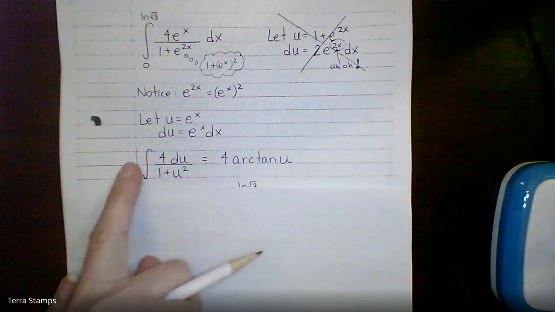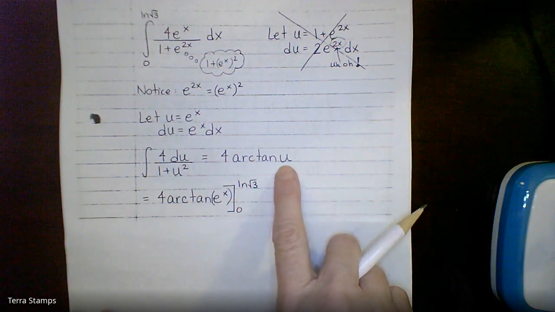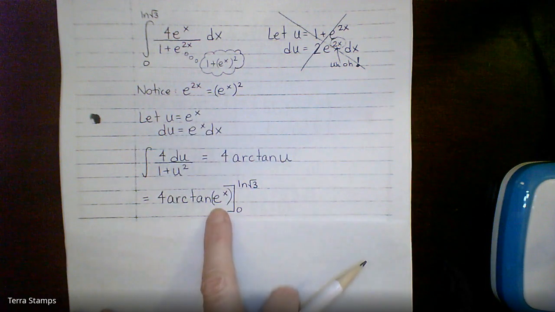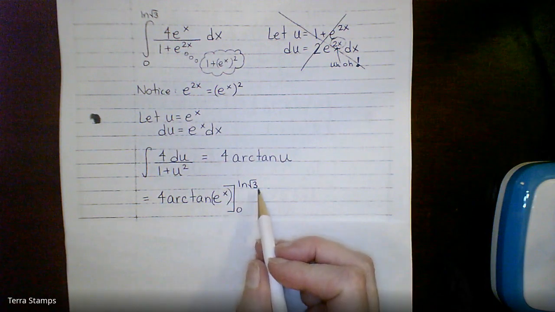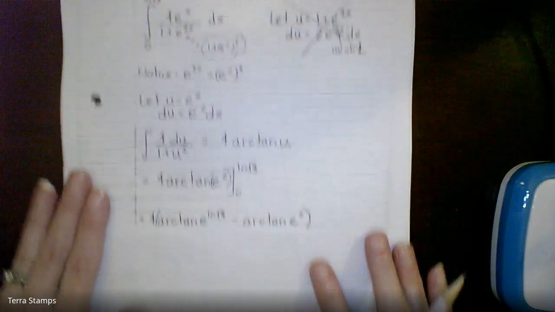And this 4, that's just a constant multiple. I do need to substitute back in for u, which was my e to the x. And oh yeah, this was a definite integral, so we need to keep going. So I am going to plug in ln root 3 for x and then 0 for x and subtract those.